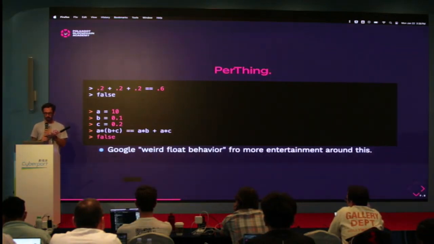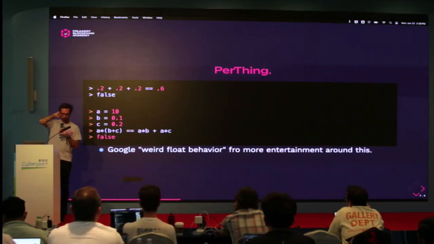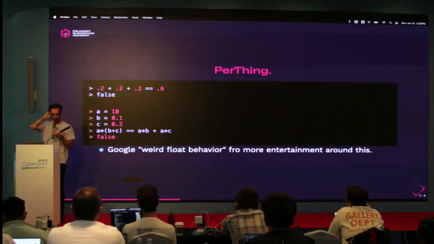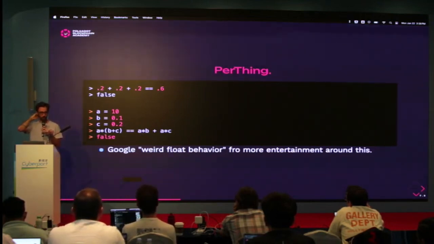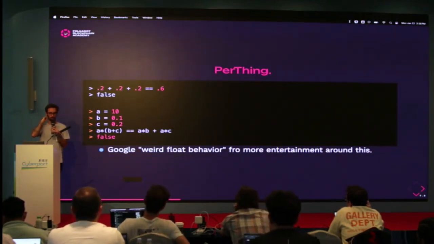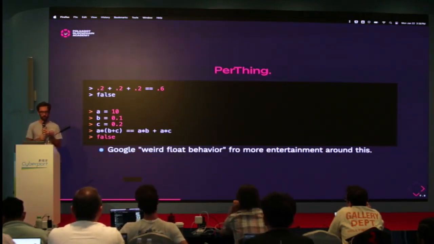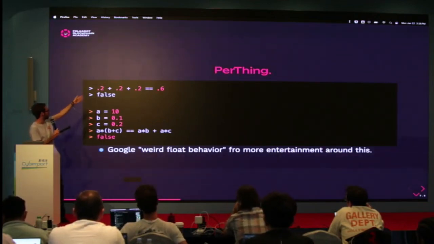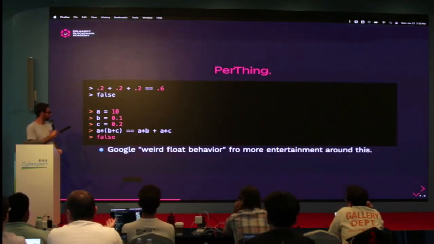It's been years, I knew about this stuff more in my bachelor's. But if you Google things like weird float behavior or floating point operation nondeterminism, you'll come up with interesting examples from different programming languages where these weird things happen. So 0.1 plus 0.2 does not equal 0.3, for example. I think these are from Python or JavaScript. And we don't want these things.